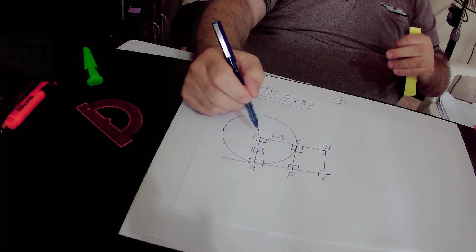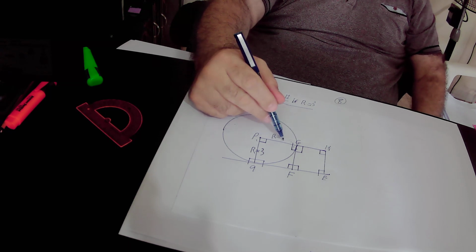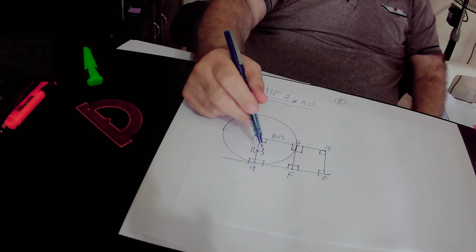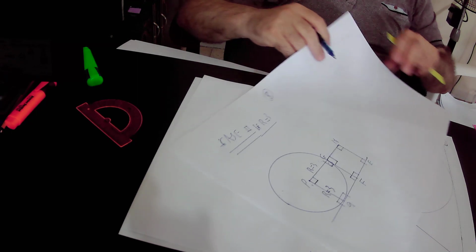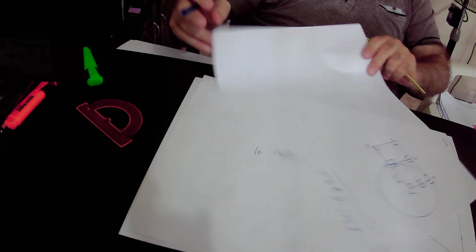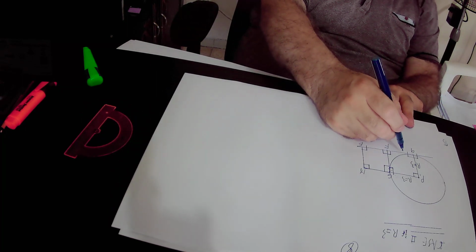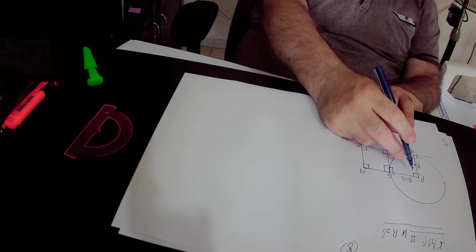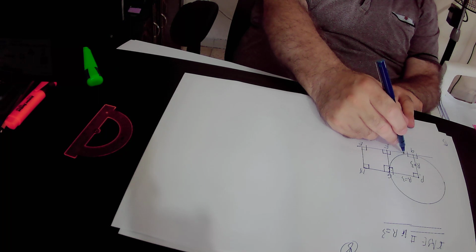We know that the opposite sides of a rectangle are equal to each other. That is to say, PG is equal to QF. But PG equals R, that is equal to 3, of course. So if PG is equal to 3 units, then QF must also be equal to 3 units.